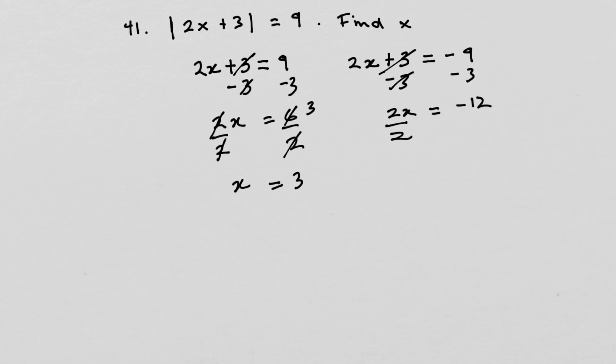We divide both sides by 2. The 2 will cancel out. Negative 12 divided by 2 is negative 6. So x equals negative 6. So our x values are negative 6 and 3.